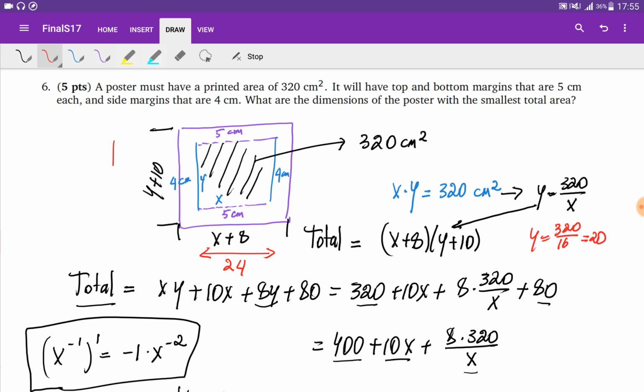And this side, the height of the poster, is going to be equal to 30. So the dimensions of the poster are 24 and 30, and in this case the poster is going to have the smallest area under the constraint that the printing area is equal to 320 centimeters square.